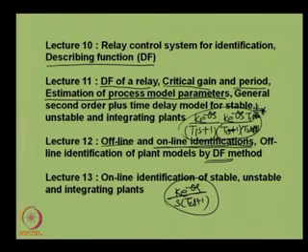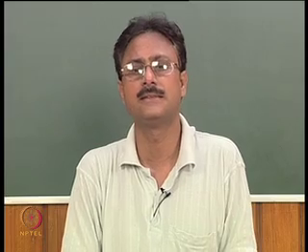Lecture 13 will be on online identification of stable, unstable and integrating plants, where the controller will always be in action along with the relay at the time of identification, and once the identification process is over, then the relay will be taken out of the loop, thus giving us the normal operation of the closed loop system.